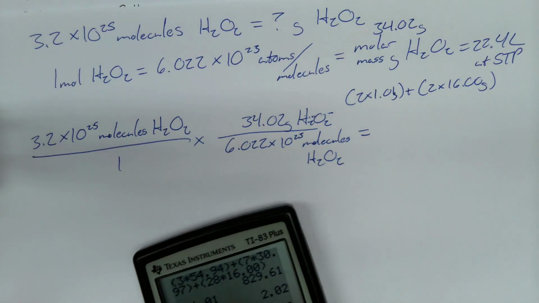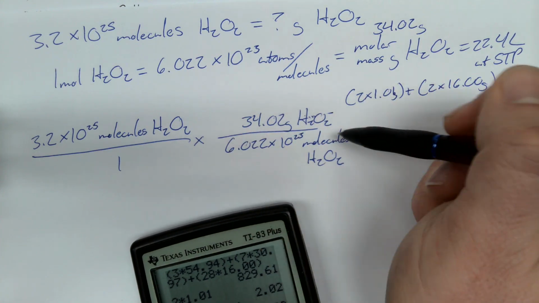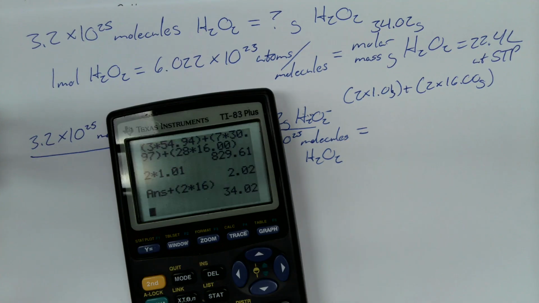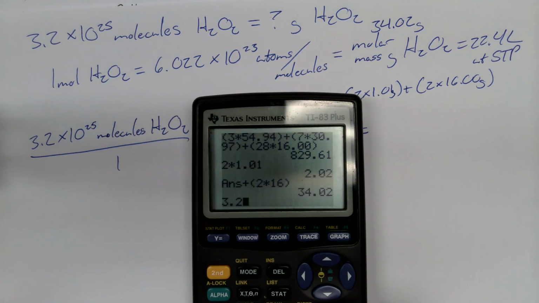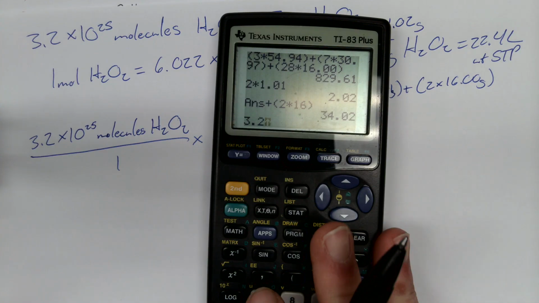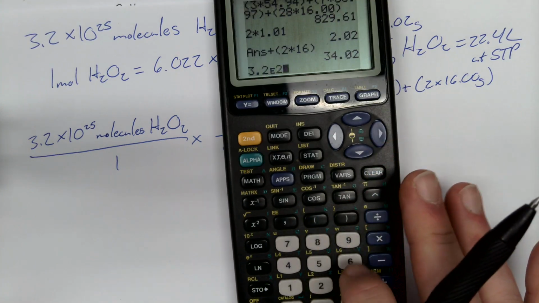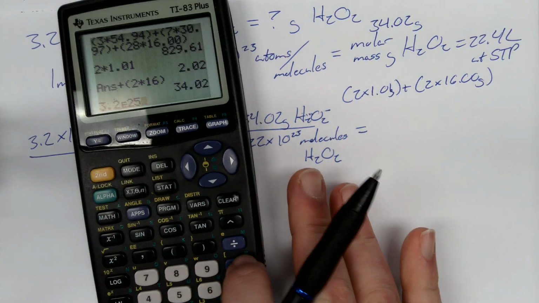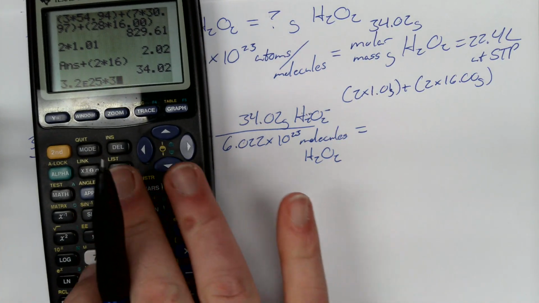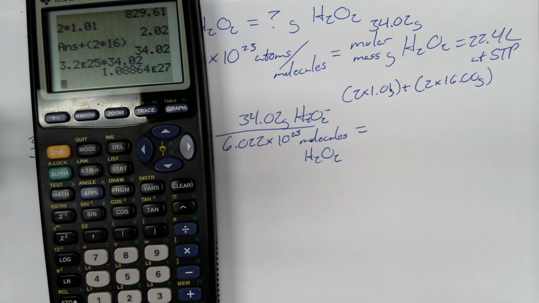So, remember my rules about multiplying fractions. I multiply the numerators together, multiply the denominators together. 3.2 second E 25 times 34.02. That gives me some big number, but I'm not done.